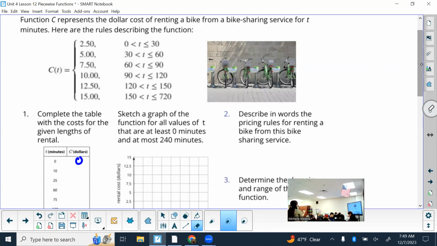So good. Then table 3, when you ride the bike for T minutes, how much does it cost? $2.50. Table 4, when you ride the bike for 25 minutes, how much does it cost? $5. Class, we agree?